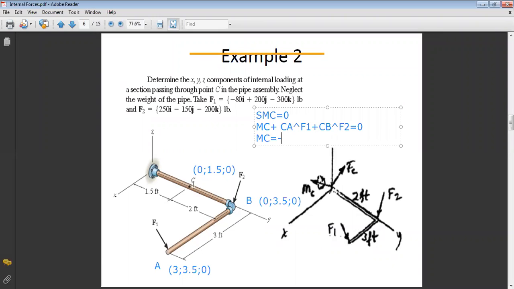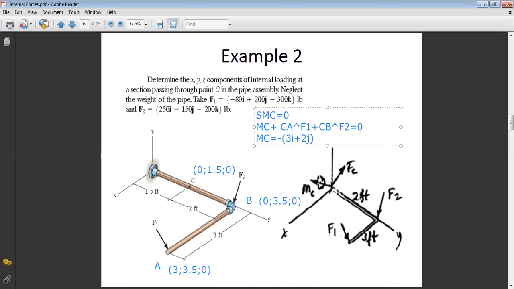Now what is vector CA? Vector CA is 3i plus 2j, and it's 0 along k, so no component along k.